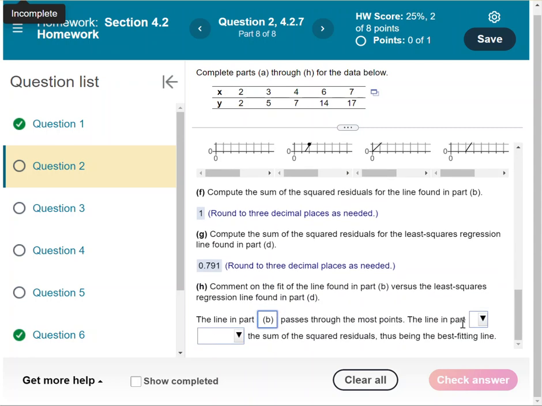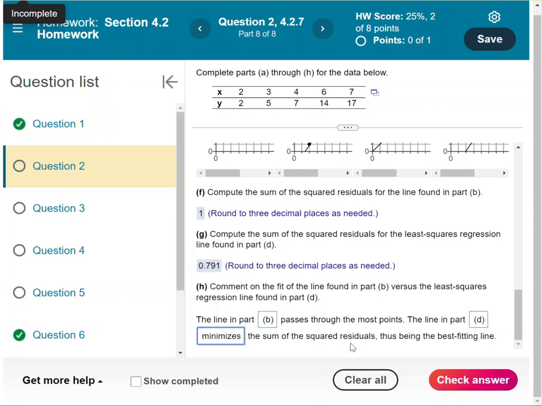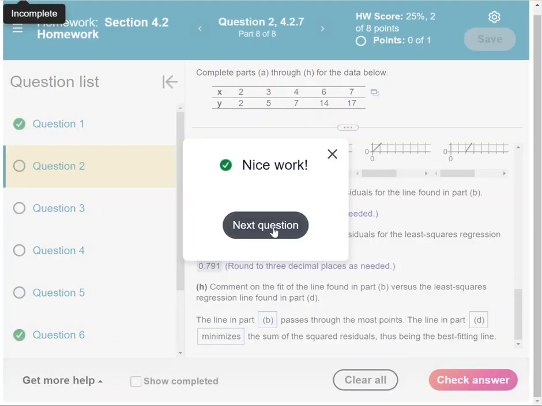We know that. The line in part D minimizes the sum of the squared residuals, thus being the best fitting line. All right. So that is what the least squares regression line is. It's the line where the squared residuals have the smallest value, or it's minimized. All right, so that's it for those two. We'll go ahead and stop right there.